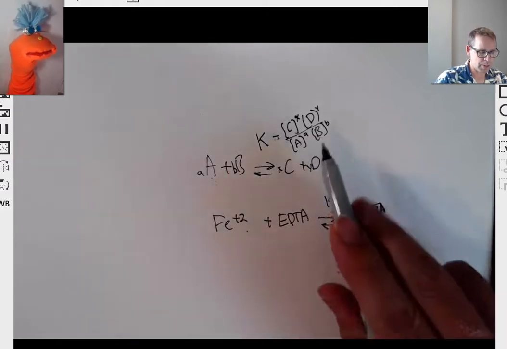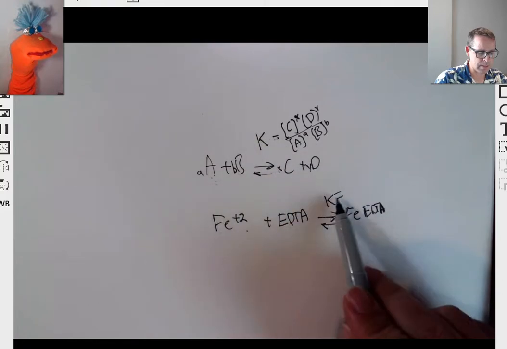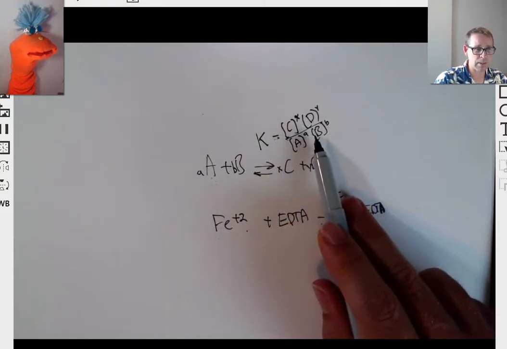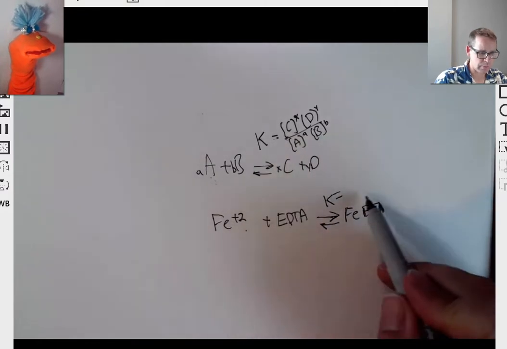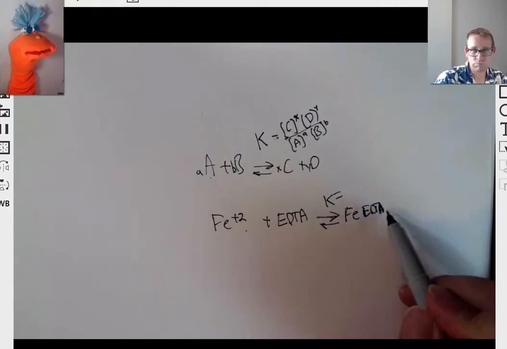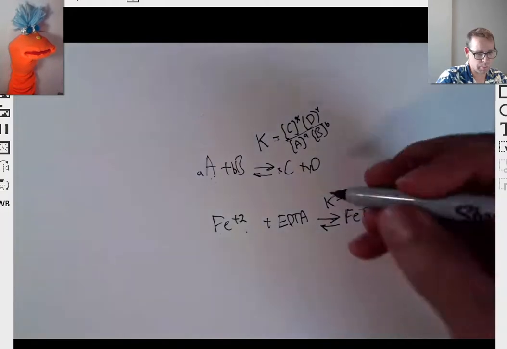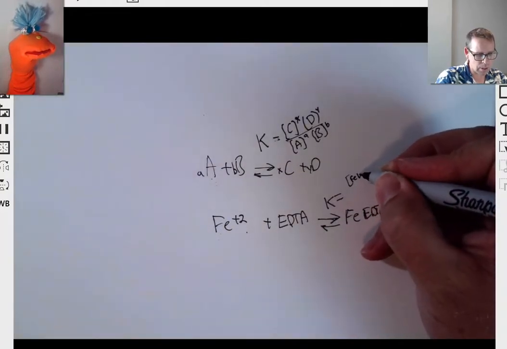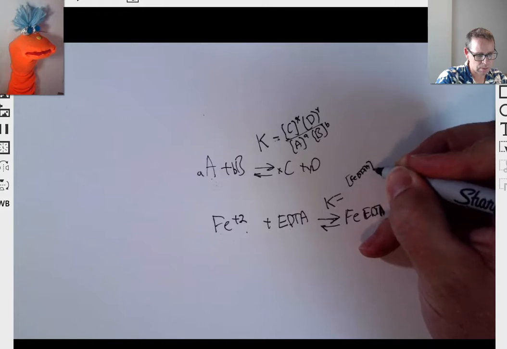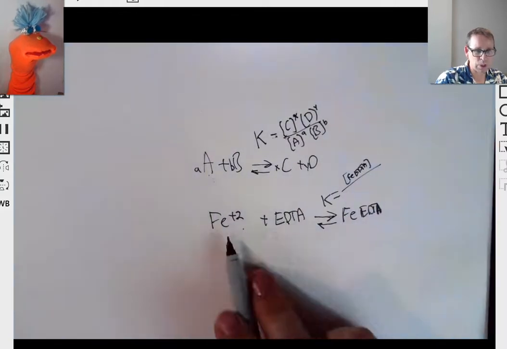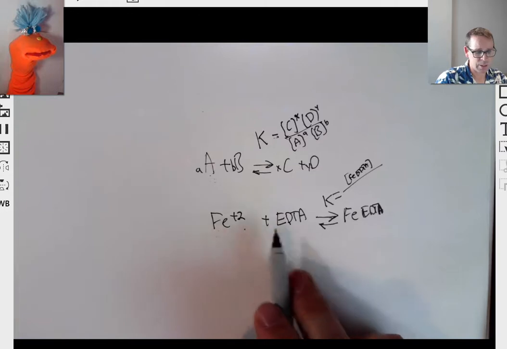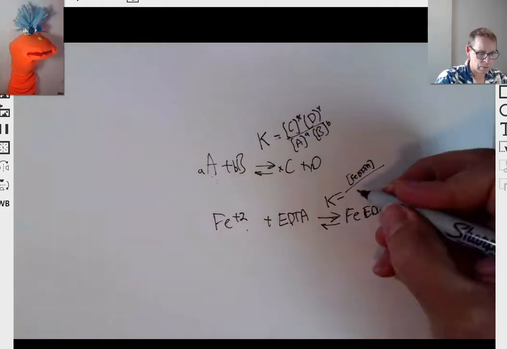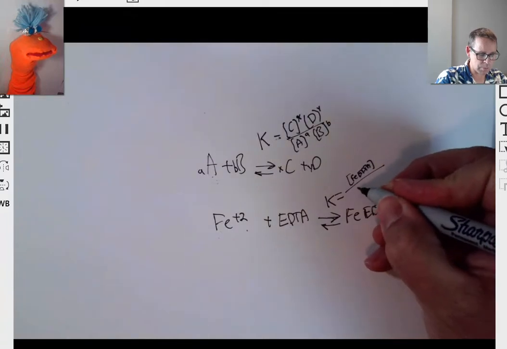Well, remember that K is the products over the reactants. You see that? Okay. So if the concentration here is 0.1, 0.03, whatever number you want to put in there, the concentration of the iron EDTA complex over the concentration of these. Now these are going to be very, very low because we said that almost all of it is over here. So over a very small number, right?